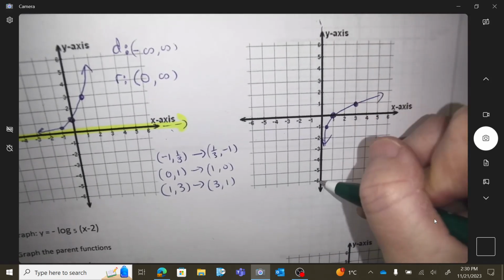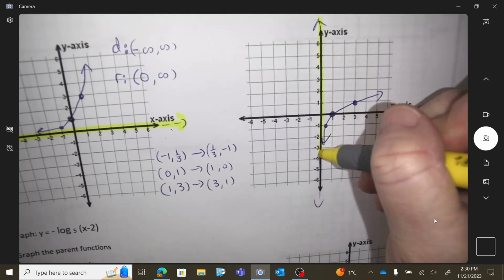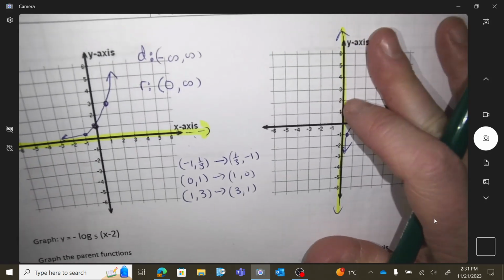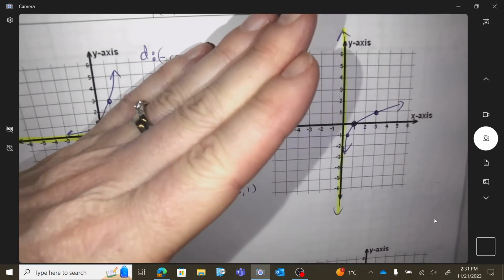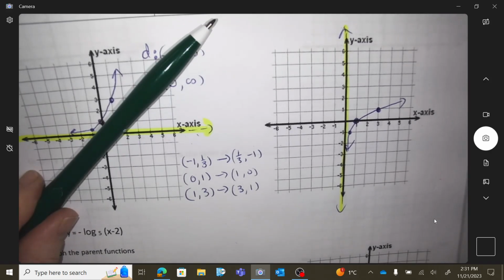And I'm switching the asymptote to be a vertical. Okay, do you remember what an inverse does physically? It reflects it diagonally. So if I put a diagonal line right in the middle, like that, does that look like a diagonal reflection? You see it? That's what inverses do.